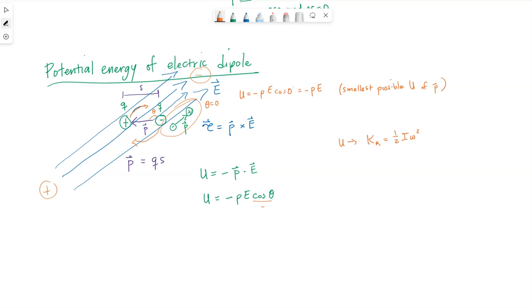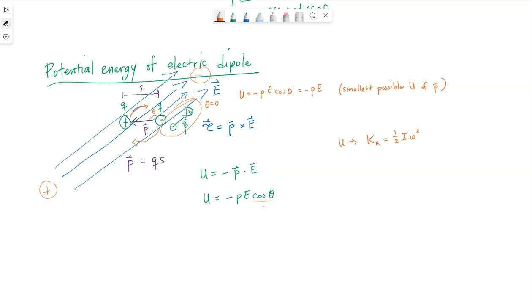So if there's no forces to take mechanical energy out of this system, this dipole would theoretically just rotate back and forth, kind of like a mass on a spring. In an ideal situation with a mass on a spring, where it would oscillate forever, so would this dipole. But its oscillations would be rotating around its center of mass.